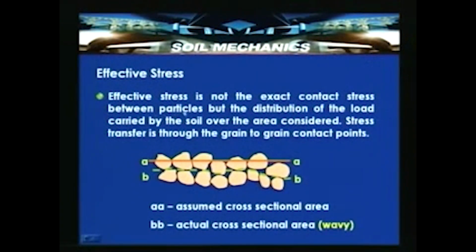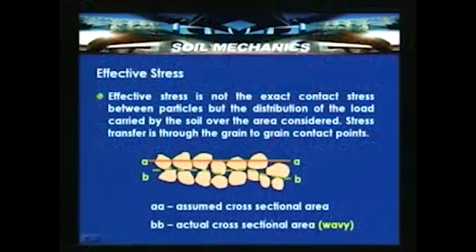So, effective stress is not exactly the contact stress between the particles, but the distribution of the load carried by the soil or area under consideration. Stress transfer is through the grain to grain contact points. AA is the assumed cross section area passing through the solid grains as well as through the voids, which can be filled with water, with and without water. AA is the imaginary area passing through the soil mass at a certain depth.